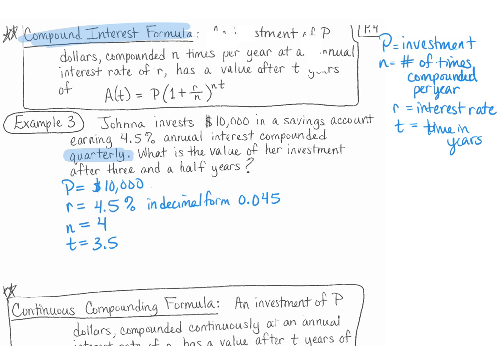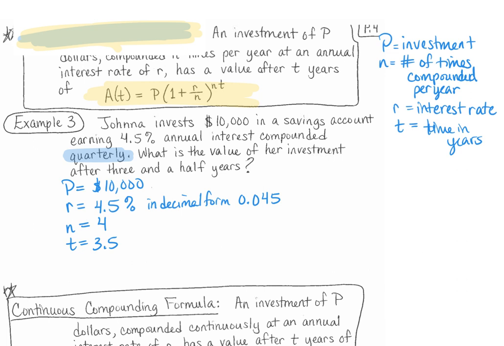If we want to find out what the investment was after a certain amount of time, given this information, this is the formula that we use. That's the compound interest formula. You have to know it.